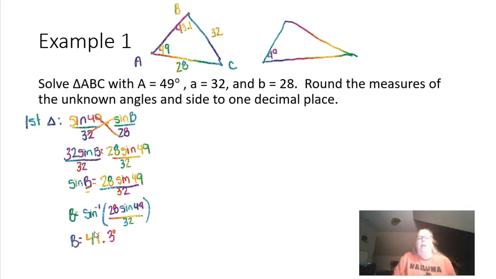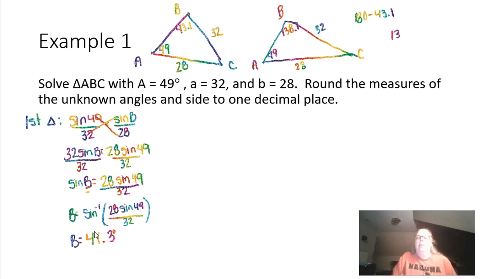A is still going to be 49, b is still going to be 28, and side a is still going to be 32, but this angle B up here, if there is a second triangle, will be 180 minus 41.3. And that gives me 138.7.